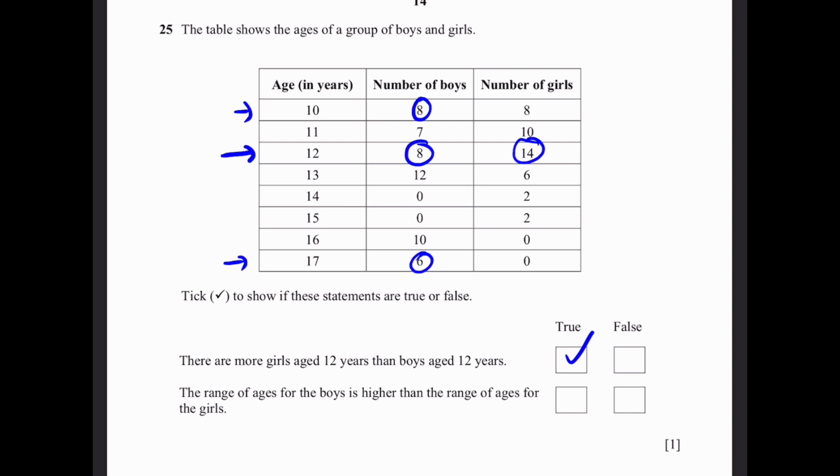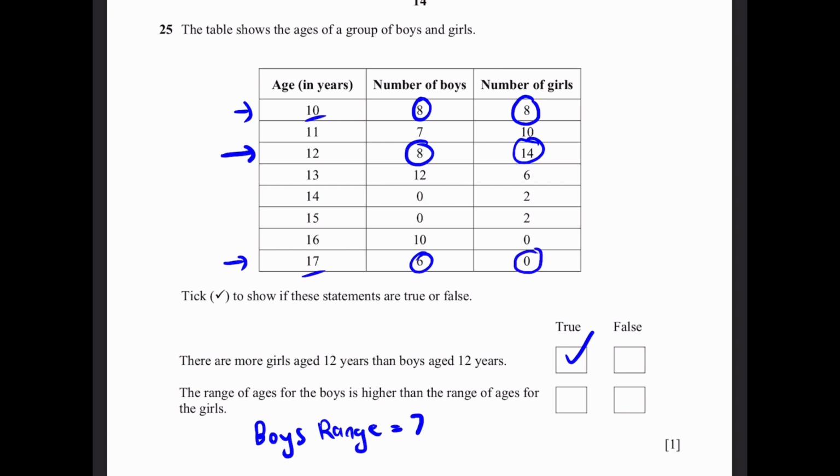So that is the range for boys. Boys' range equals 7. You might be thinking, but the girls also have the tables listed from 10 to 17. If you look properly though, you can see the number of girls in 10 years is 8, but the number of girls in the 17 years is 0.